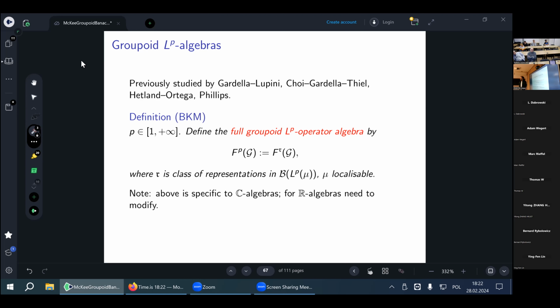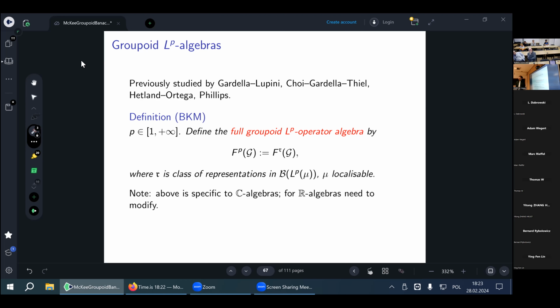So yeah, I can comment on the complex versus real case. The standard definition of representation that I gave before only works in the complex case.